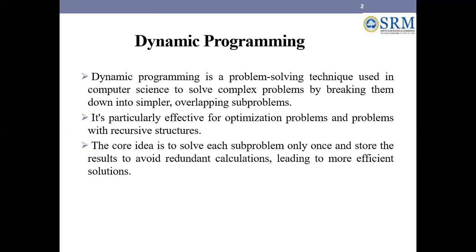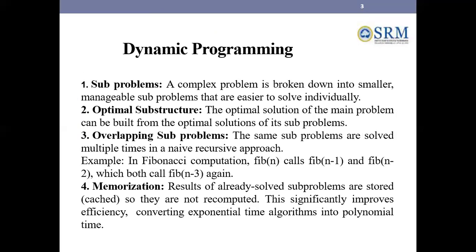Here it mainly uses recursive structures. The core idea is to solve each subproblem only once and store the results to avoid redundant computations or calculations. So by applying the dynamic programming approach, the problem can be solved in an efficient manner. First, subproblems: a complex problem is divided into a small number of subproblems that are easy to solve individually.